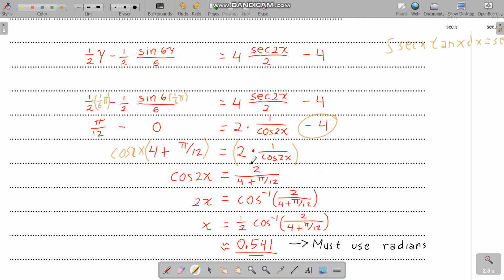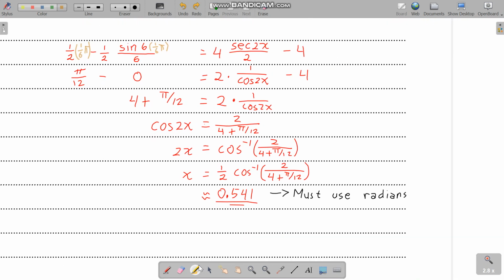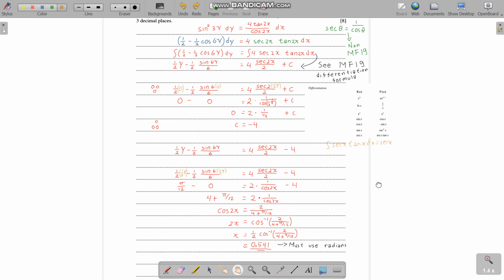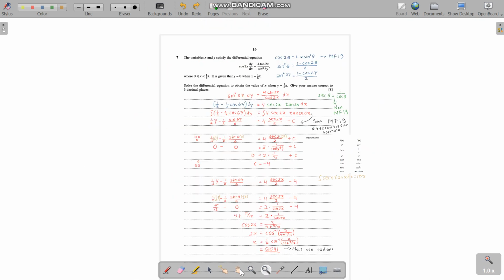Now we take inverse cos of both sides. So we have 2x equals inverse cos of the whole thing, divide by 2, use your calculator, you get the answer. We have to use radians, of course, because this is calculus. We cannot use degrees. Right, I'll see you again next time.